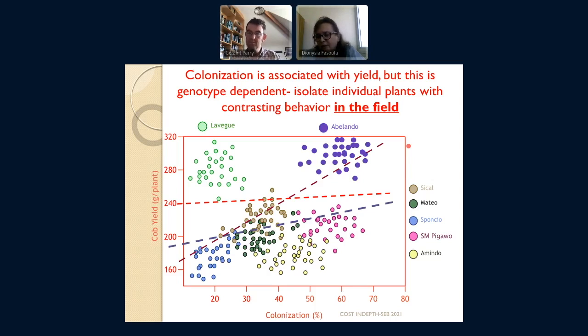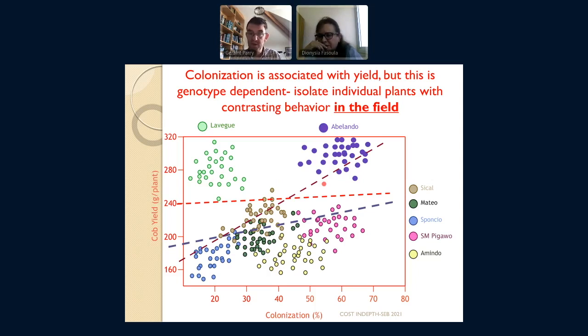So we explore differences not only between land races or between lines, but also within lines. I don't have more to say, because really it's very new and we are working on it.